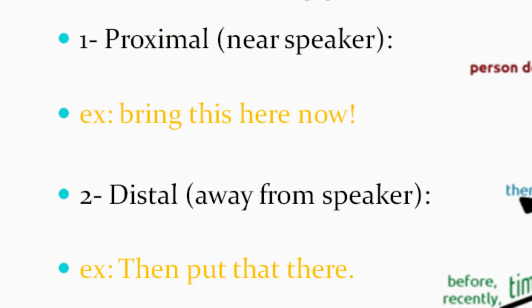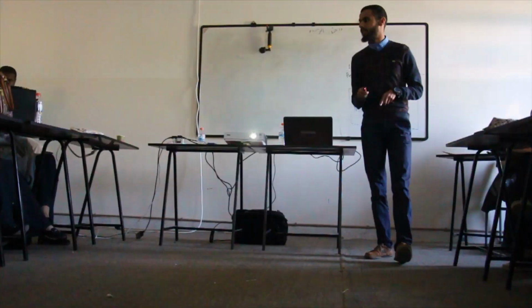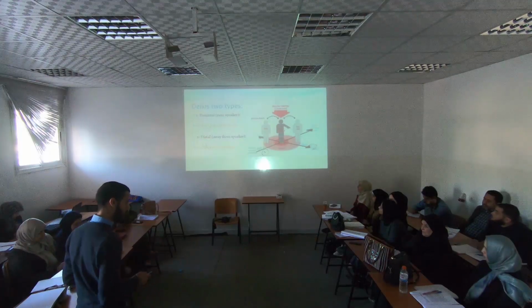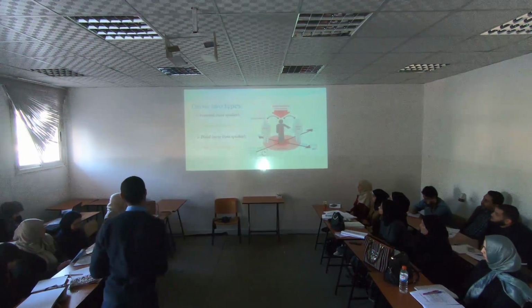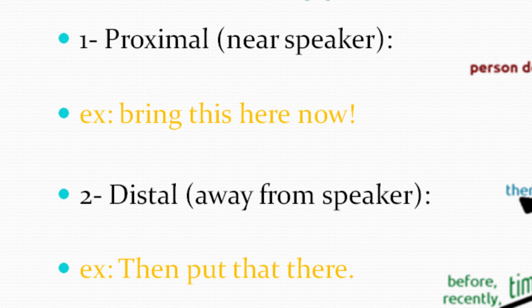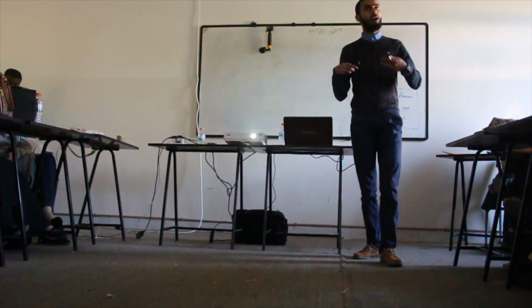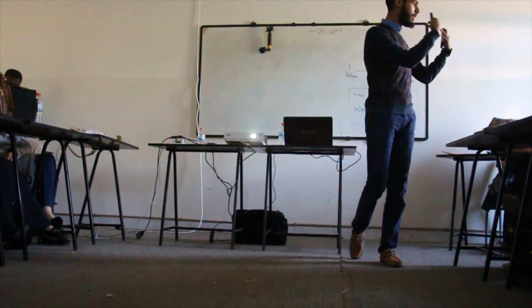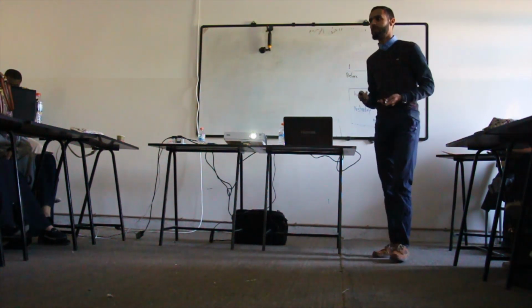Distal. Let's look at the examples on the left side. Bring this here and now. All of those deictic elements or indexicals are proximate, near the speaker, while distal: then, put that there. They are all away from the speaker.